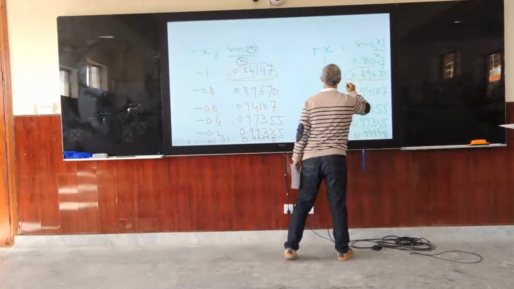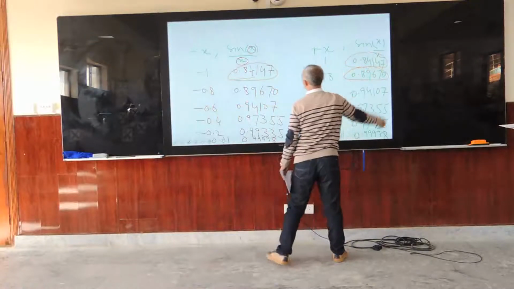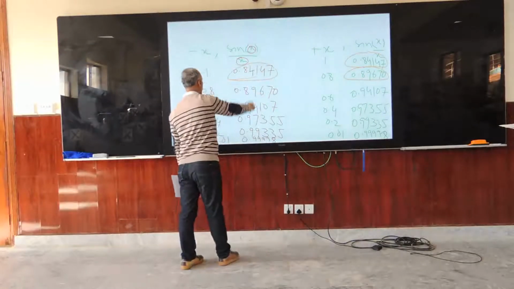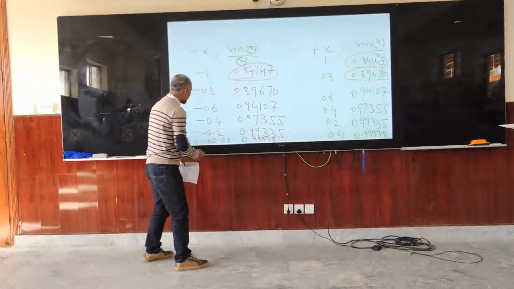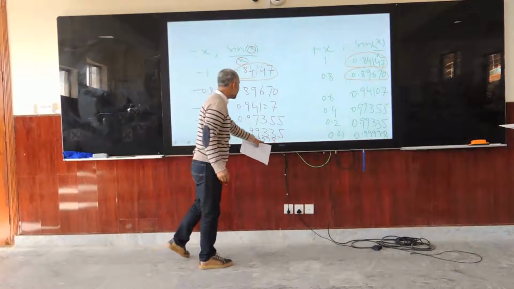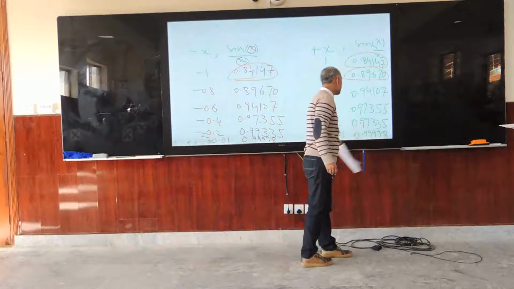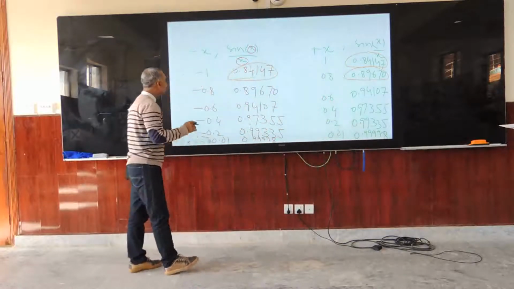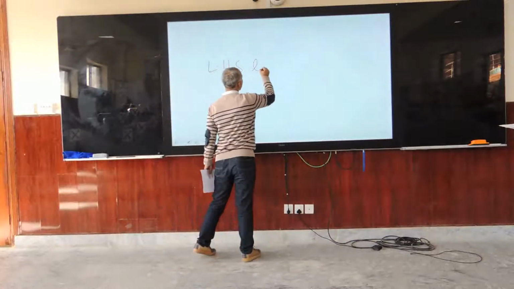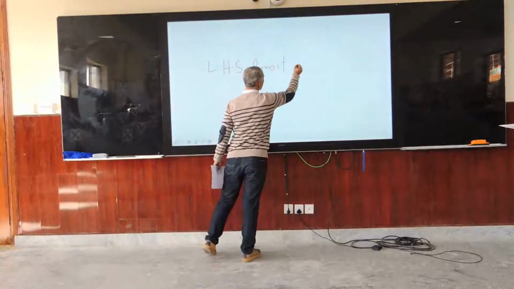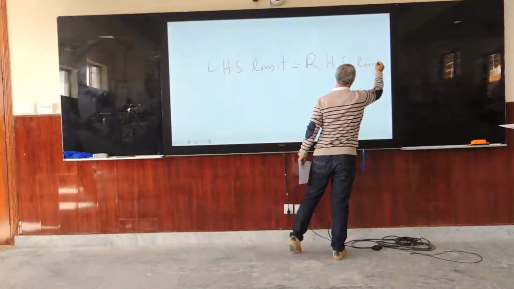Dear students, it's pretty clear that left hand side values and right hand side values are almost equivalent. For positive 1 we get 0.84147, and for negative 1 we also get 0.84147. For negative 0.01 we get 0.9998, and for positive 0.01 we get 0.9998. Both are exactly the same. So what happened? Technically, the left hand side limit is equivalent to the right hand side limit.